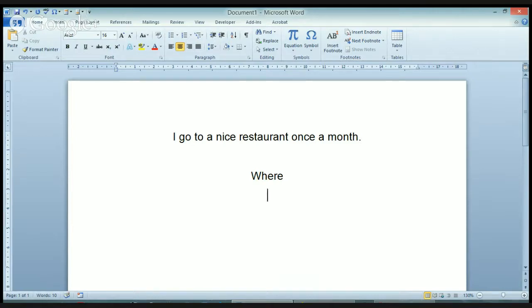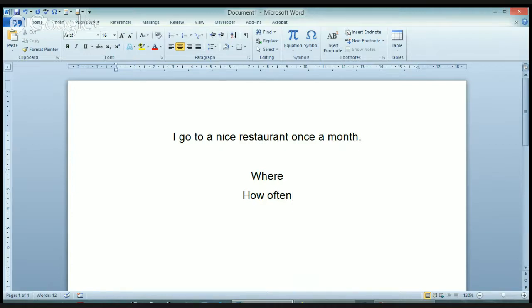What about the different question? Not where, but another question, information question. Maybe how often? How often? So what will be the question then with how often? How often do, so after the question word we need auxiliary verb.